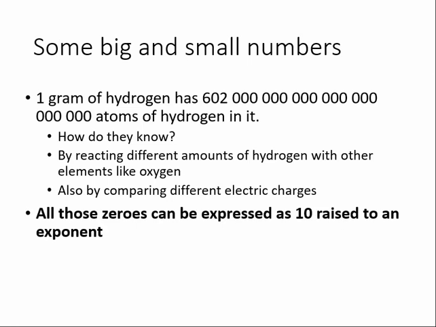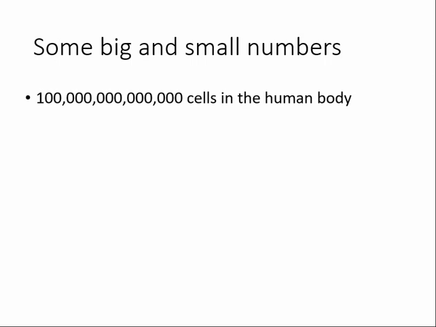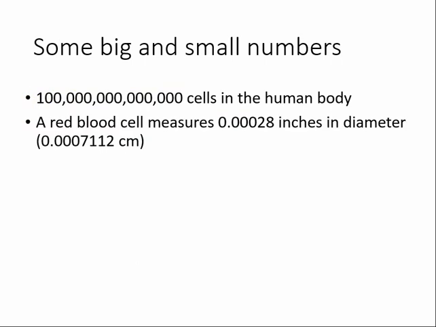Anyway, with big numbers like that, all those zeros can be expressed as 10 raised to an exponent. There's hundreds, thousands, millions, billions, trillions. There's 100 trillion cells in the human body. A red blood cell is very small. It only measures 0.00028 inches in diameter.